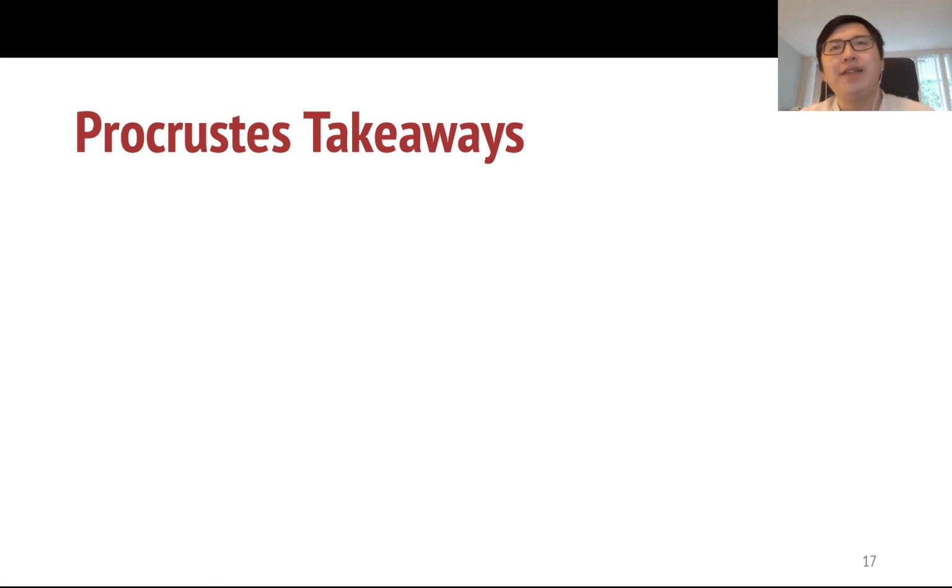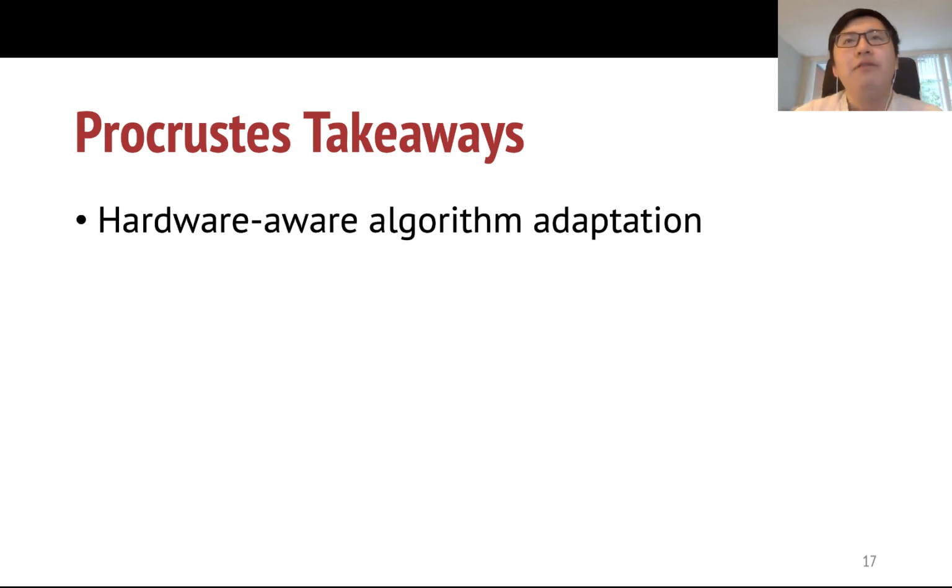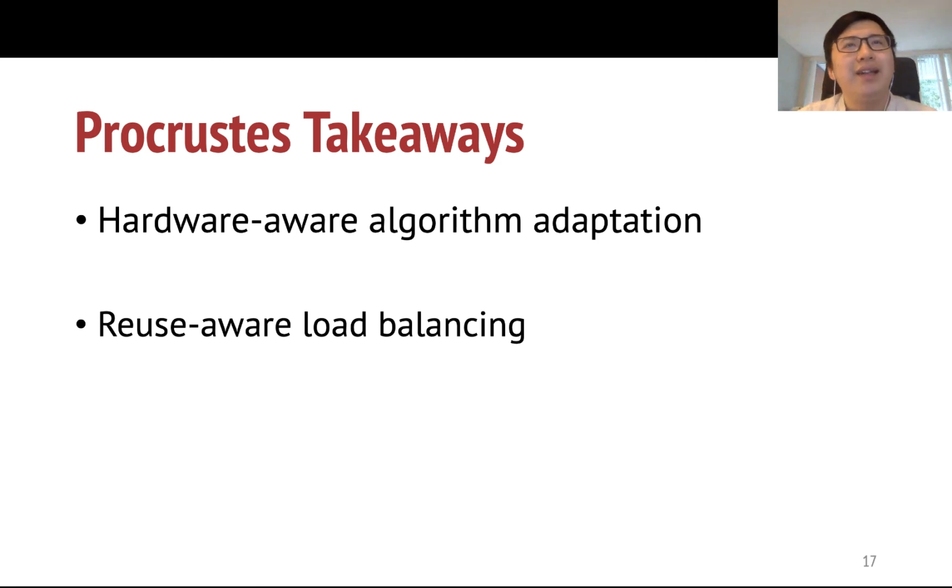Lastly, let's summarize what we have learned. First, it is important to develop hardware-aware algorithm adaptation techniques instead of building complex hardware components for algorithm components that are hard to accelerate. Next, it is important to perform load balancing for executing DNN workloads with irregularity like sparse training.